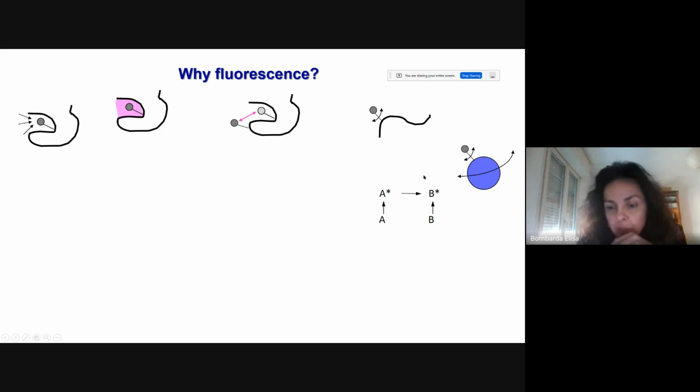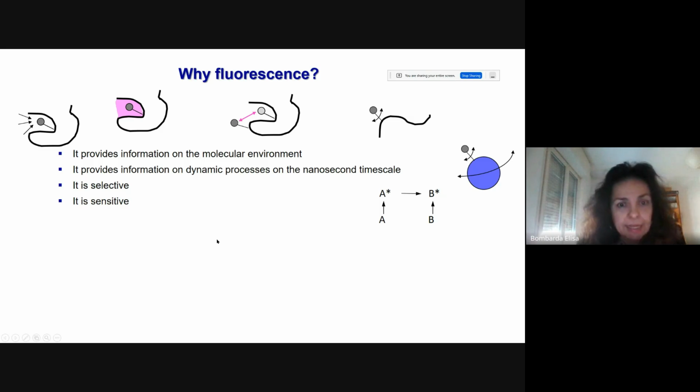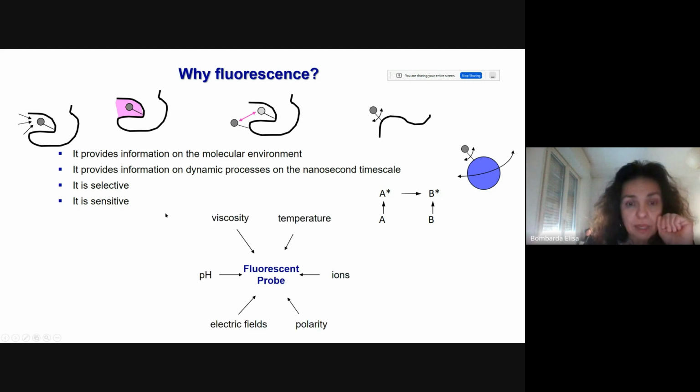We can have information on excited state reactions, molecular environment, and dynamic processes on the nanosecond time scale, which is the time scale of fluorescence. It is very selective and also very sensitive.